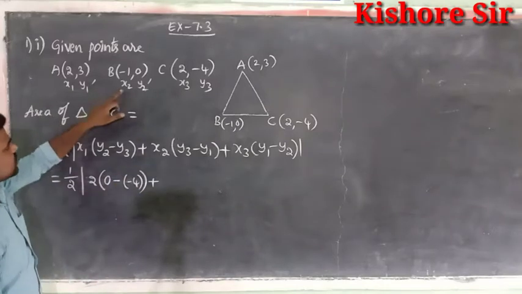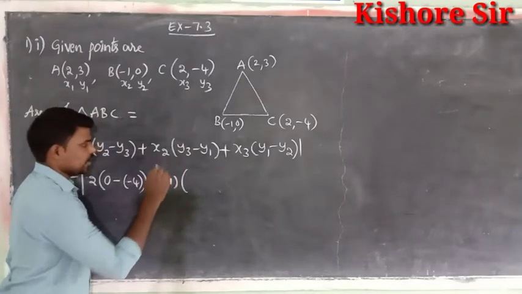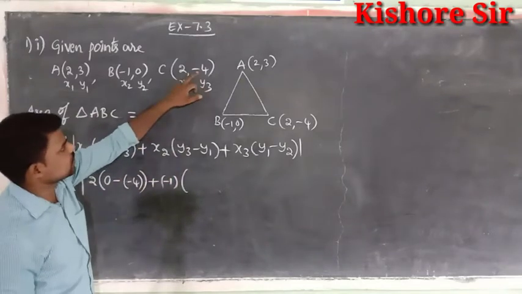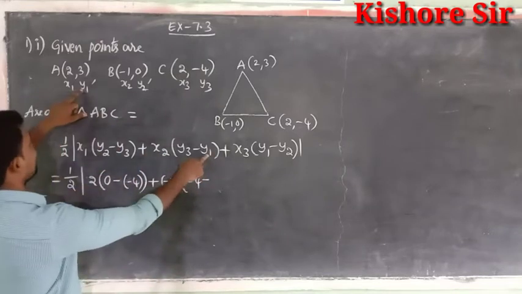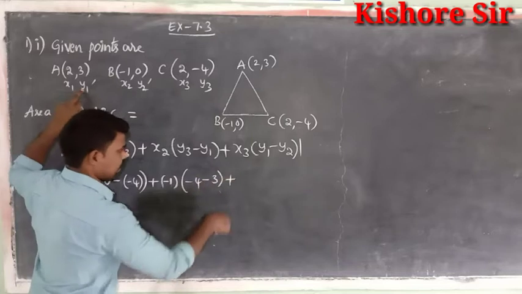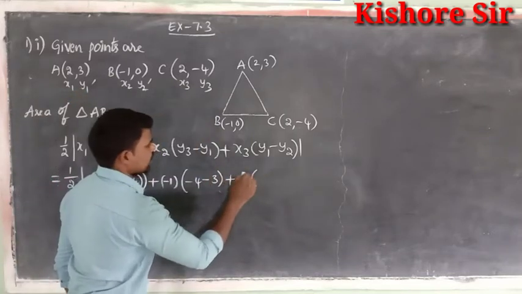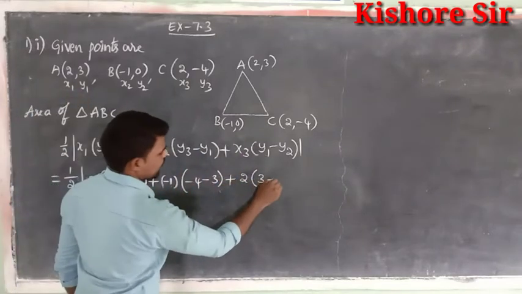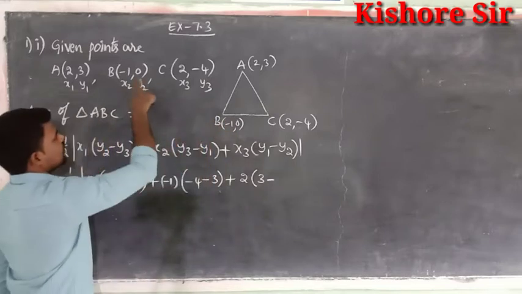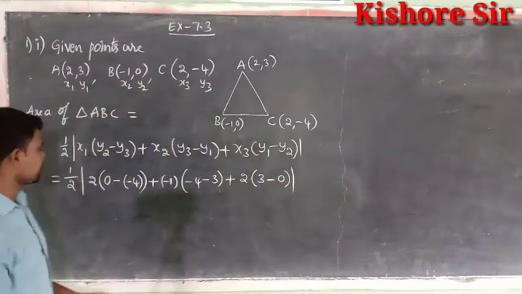The value of x2 is minus 1 into y3. Y3 value minus 4 minus y1. The value of y1 is 3 plus x3. X3 value 2 into y1. The value of y1 is 3 minus y2. Y2 value 0. All of you check once.